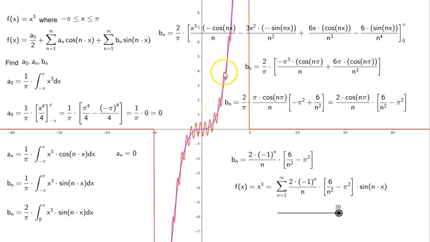Now you can really see that it is converging to the x cube function. So which means if you take it to infinity, it will converge with the function f of x equal to x cube in the interval minus pi to pi.